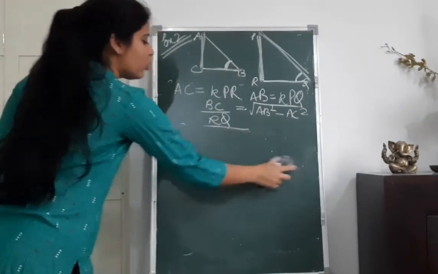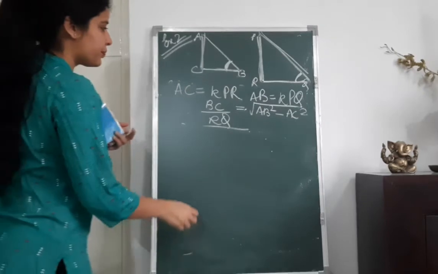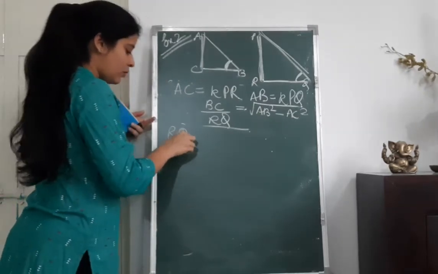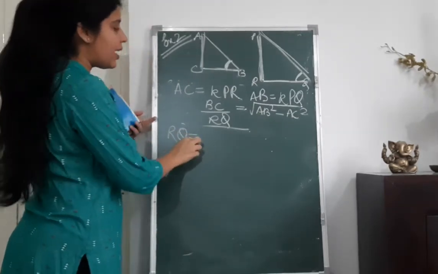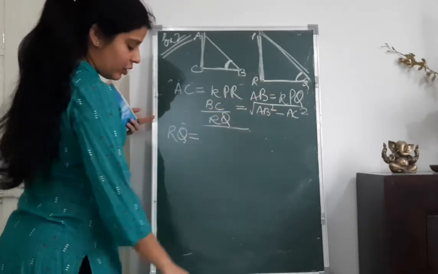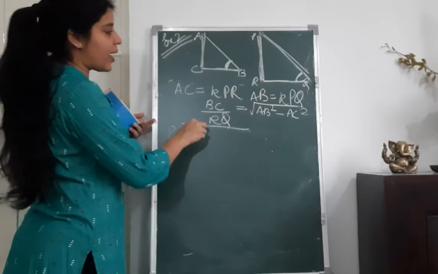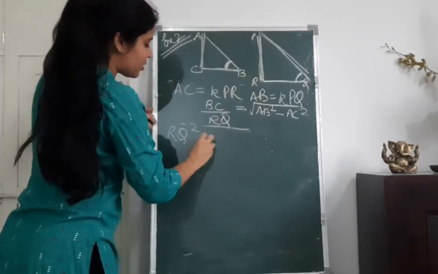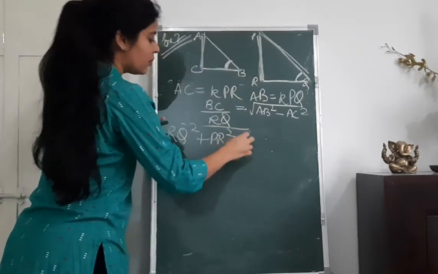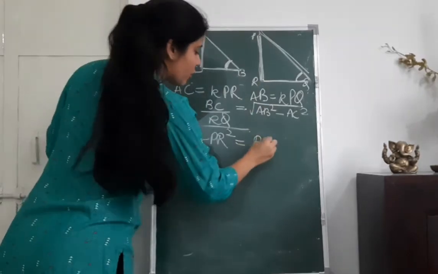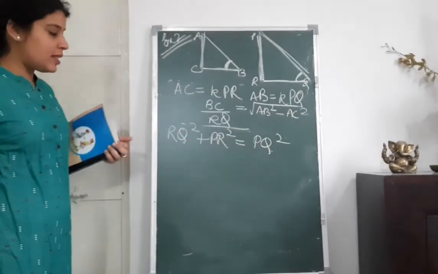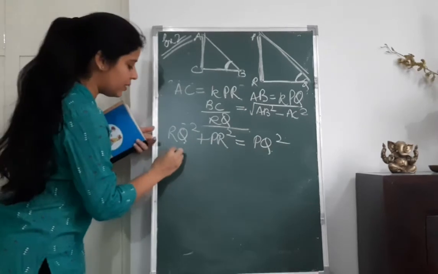Now what is RQ equal to? RQ is equal to, again using Pythagoras theorem, can I write RQ square plus PR square is going to be equal to PQ square, right? Now I will take this PR square here.